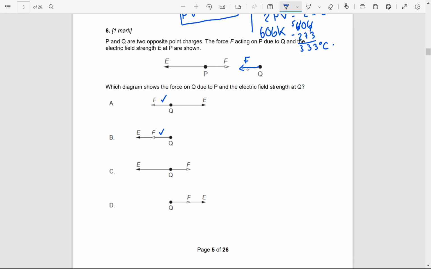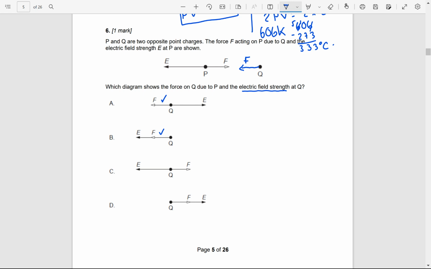Okay, they can't both be moving in this direction. They will either be moving towards each other or away from each other. So it's either A or B. Now, the electric field strength, to get this right, you have to fundamentally understand what happens to field strength.